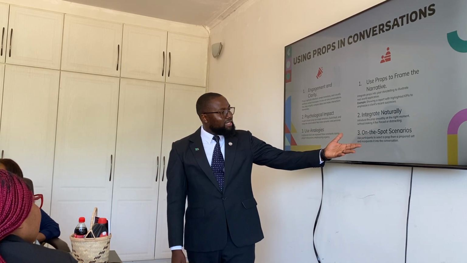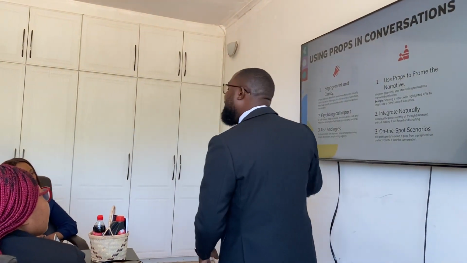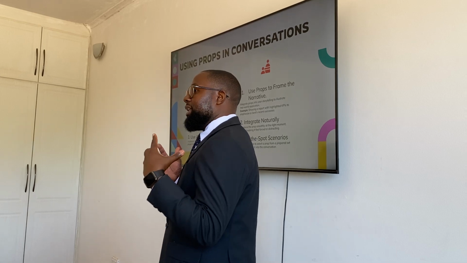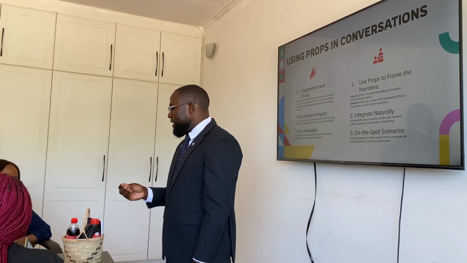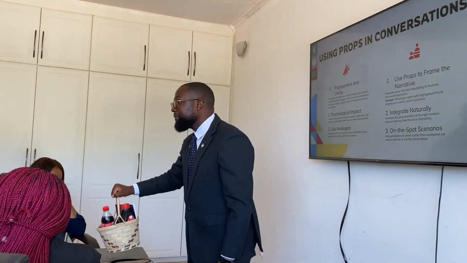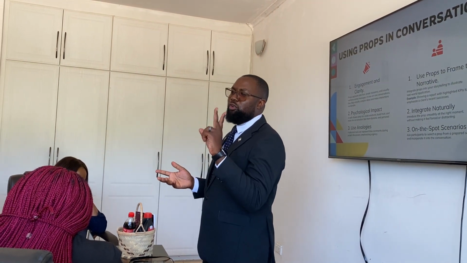And of course, the other thing is, you have to give on-the-spot scenarios, and of course, I'll ask some of you to participate. For example, here where we are, there are a lot of things on our desks, and you can use a lot of things here, on the spot, to make an impact. So, I have this basket with me here. I would like to ask 2 volunteers, 1 lady and 1 gentleman.